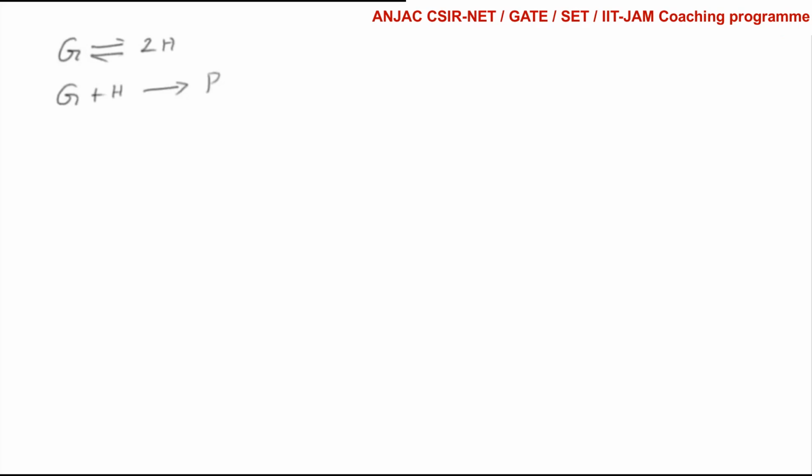The rate of formation of P is proportional to option A, concentration of G power half; B, concentration of G; it is also a GATE question, I think so; C, concentration of G power 2; D, concentration of G power 3 by 2.